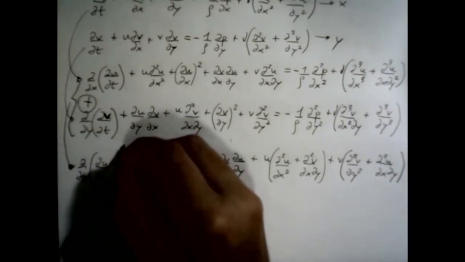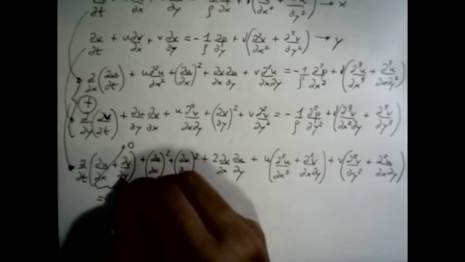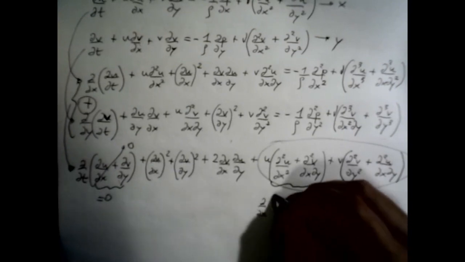So what we have is this term here is 0 because of the continuity equation. And these two terms here, we can work with them as follows. Here we have d dx of du dx plus dv dy, which is also 0 due to the continuity equation.